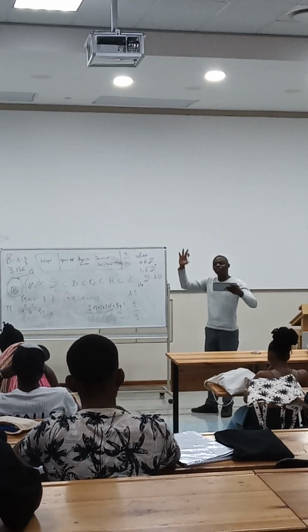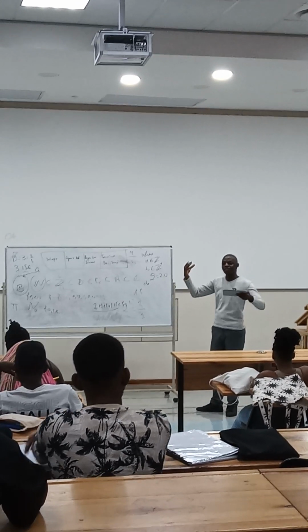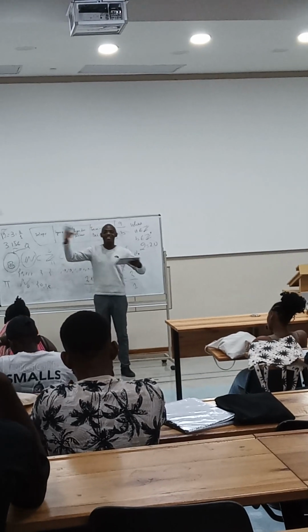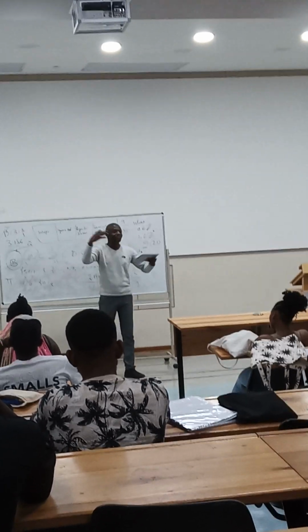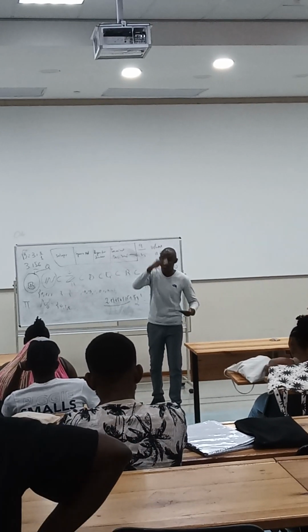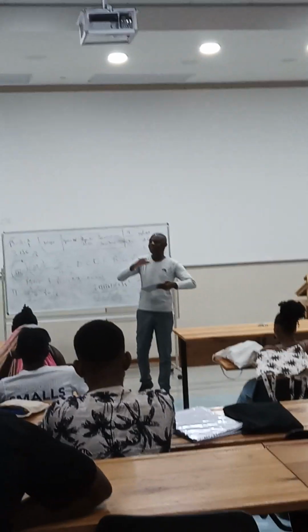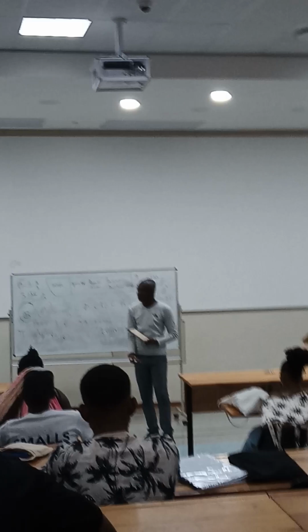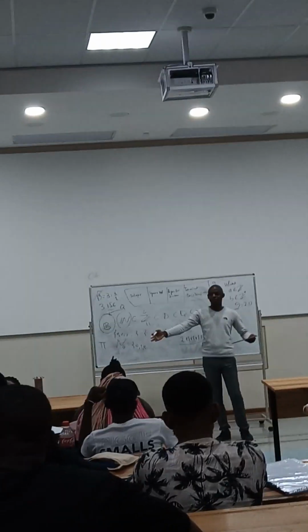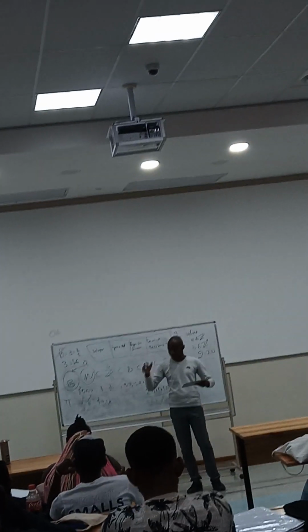I want you to see the graphical overview. This Q is a set that covers all the rational numbers, like a family, and I could start to classify this family.